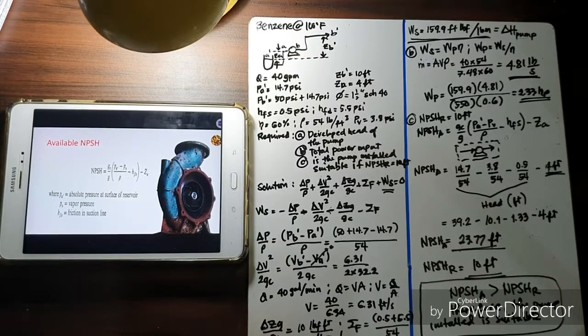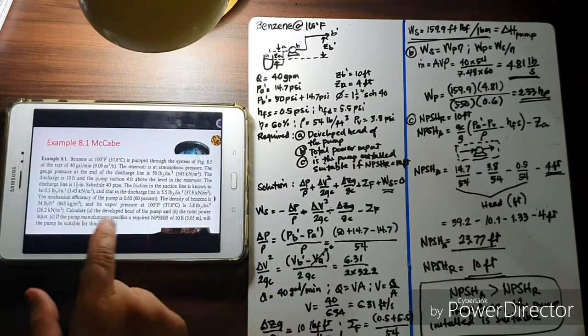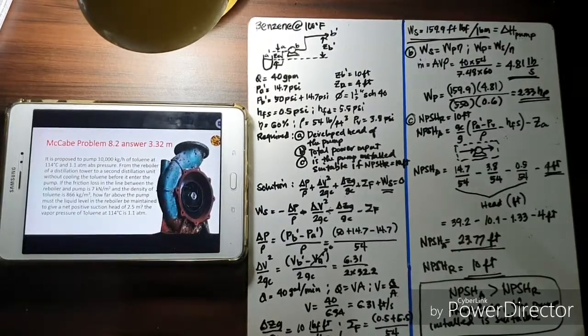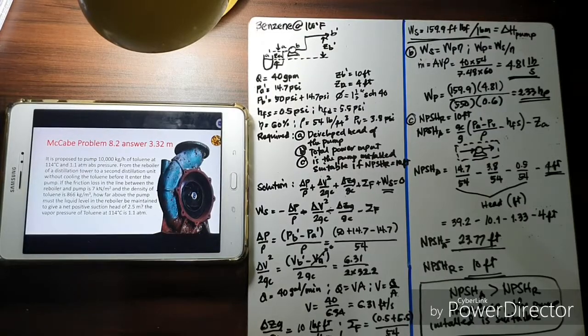Now, after this sample problem, please solve the next two problems. That will be your seat work for the day. You have until 10:30 this morning to submit the answers to the problem. So only until 10:30.